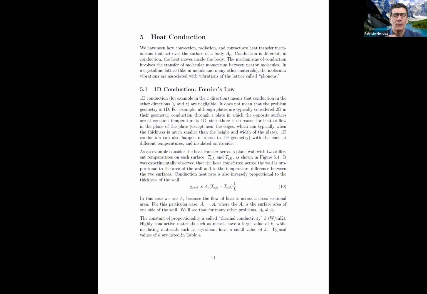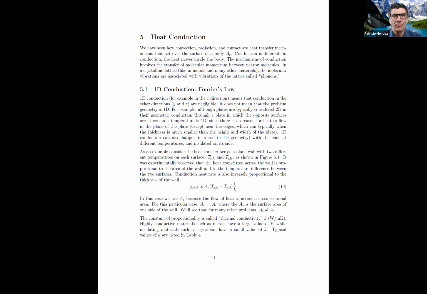Then we looked at what happens if we put two bodies of different temperature in contact. We saw that there is a resistance to the flow at contact, and the heat flux across that resistance we could capture with something that looked much like the convection coefficient, times the difference in temperature between the interfaces.